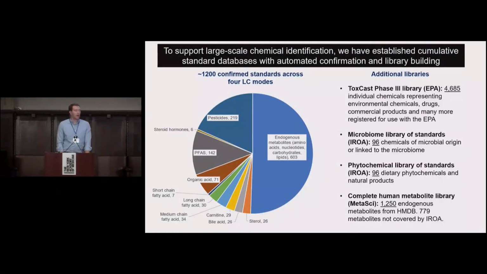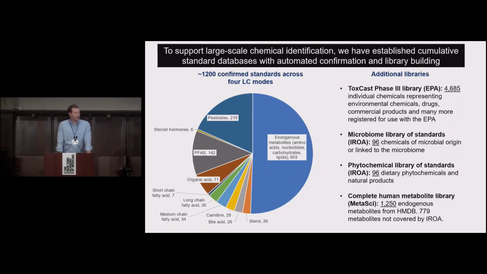And so to support large-scale chemical identification, much of what we've focused on is establishing cumulative standard databases with automated confirmation and library building. Essentially what we're trying to do is get our hands on as many analytical standards as possible, run them on our instruments, create workflows that allow us to pull the identification criteria from these standards and build databases that allow us to immediately pull these peaks out of our data as soon as they're run.